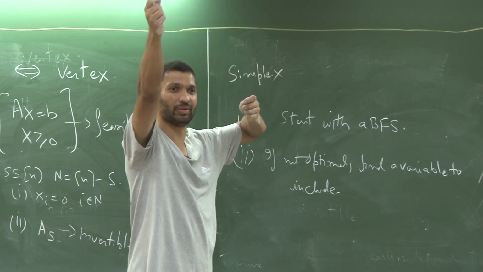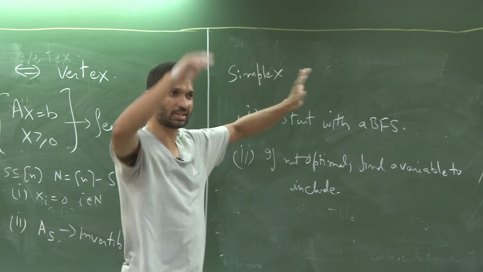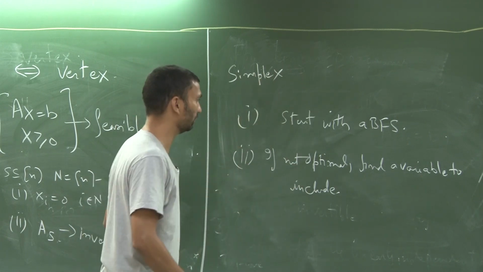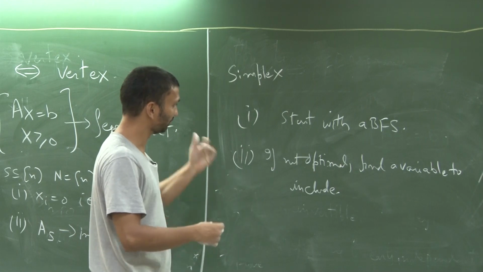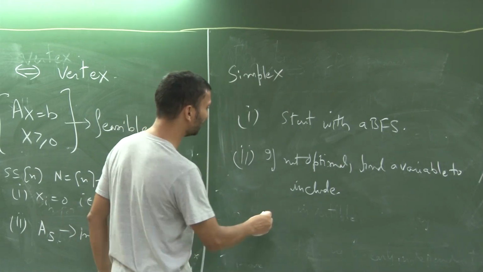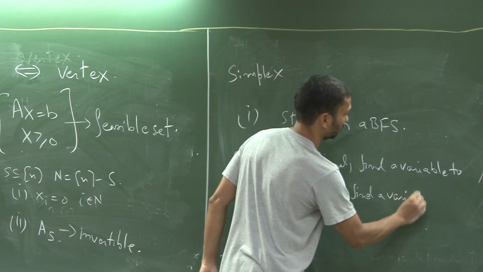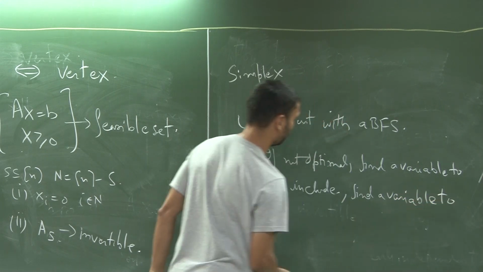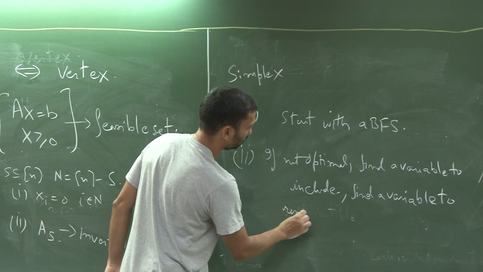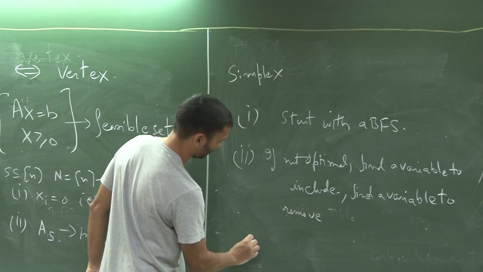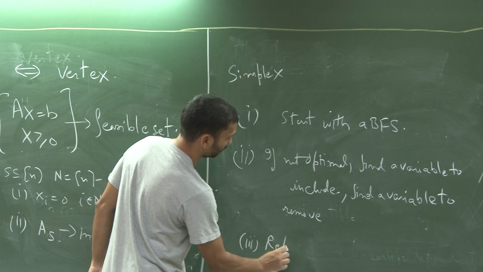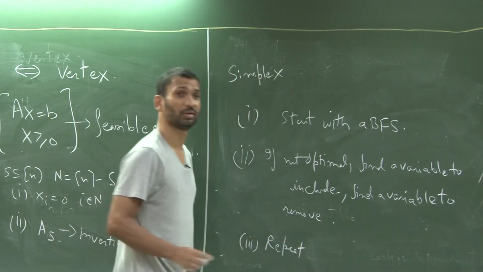One will enter, one will leave. Okay, so that's not very difficult. At most, yeah, one variable. So find a variable to include. Find a variable to remove. We have another BFS, right?